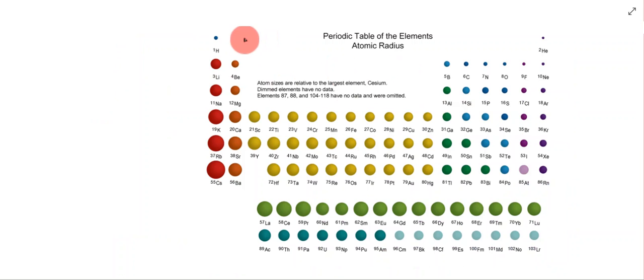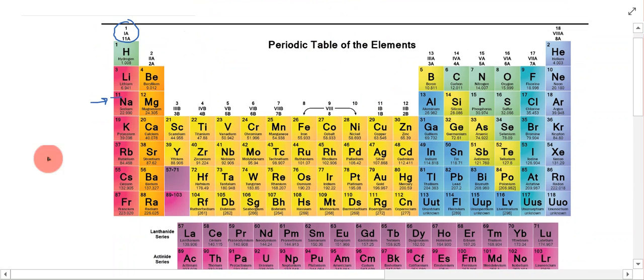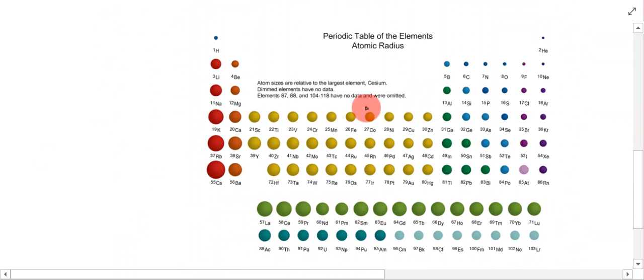So if we have a look here, this is just the periodic table, but we're looking at it in relation to the atomic radius. What we can see is, as we move left to right across the periodic table, the radius of the atoms decreases. The reason is that as you go across, the atomic number increases, so the effective nuclear charge pulling the outer electrons in towards it increases.